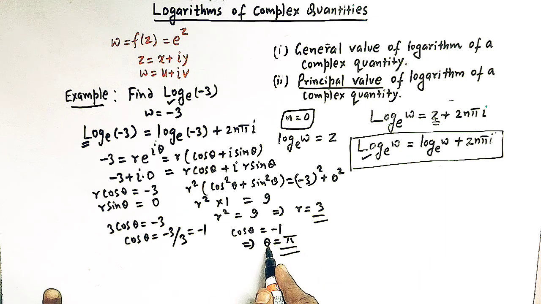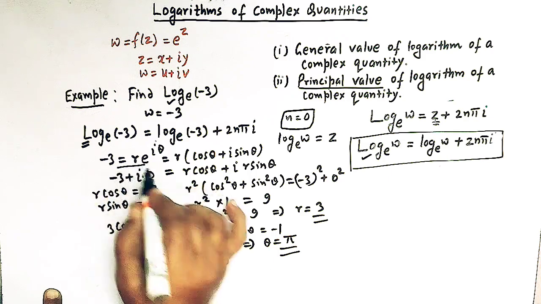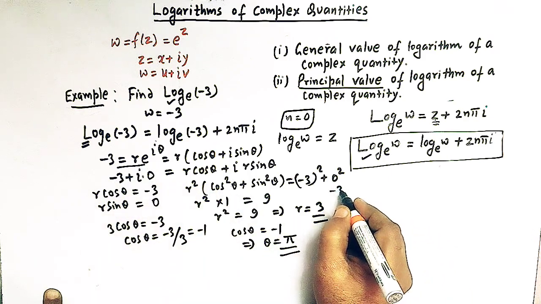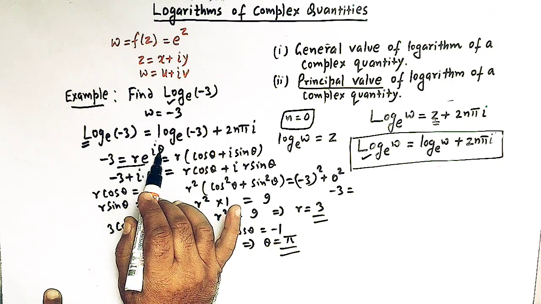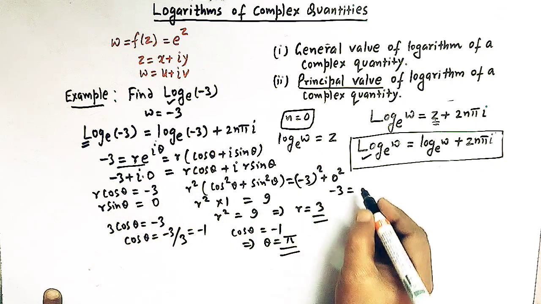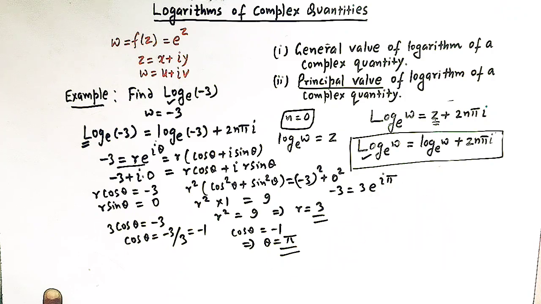So now taking theta is equal to pi in this equation, we can now write minus 3 is equal to r times e raised to i theta. So r is 3, and here we have e raised to i pi, right?